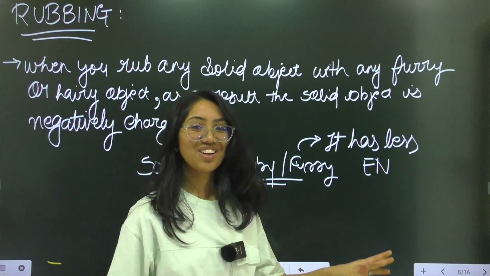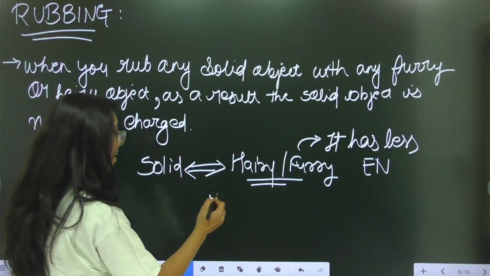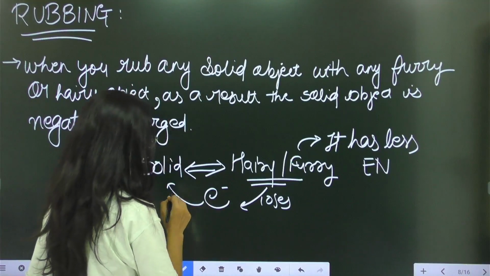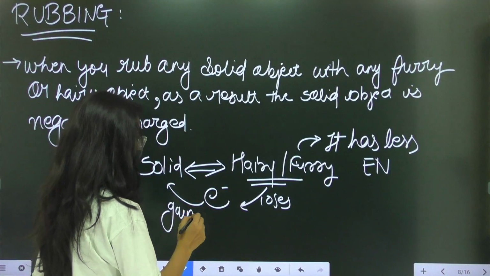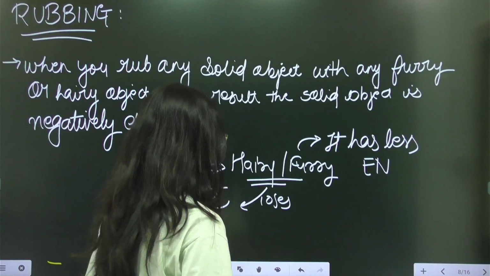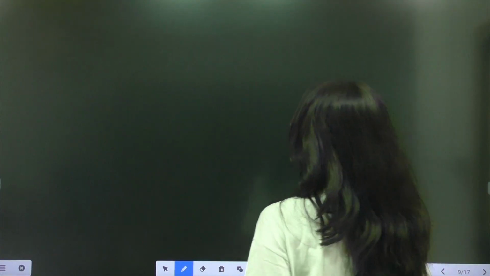The hair loses electrons, and the solid object gains electrons because it is rubbed with it, right? Like this.